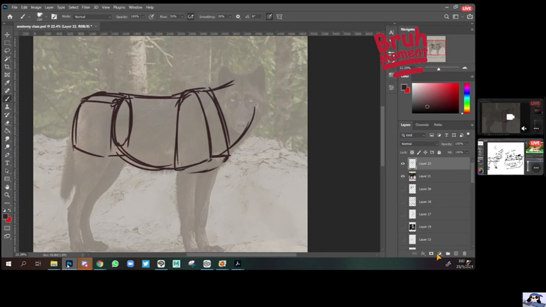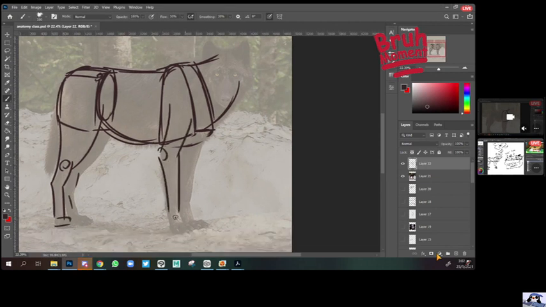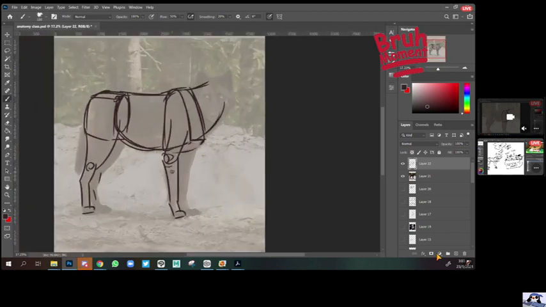Once you have the basic body shape, you can just join the legs and find out where the anatomy is. One mistake I've seen people make quite a few times is that this part here bends backwards. Remember that it bends backwards. For some reason, I've seen people draw it bending forwards, which just doesn't look right.